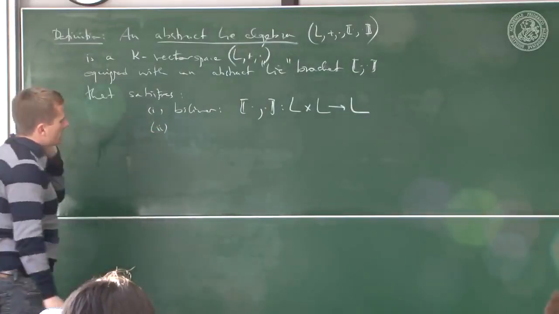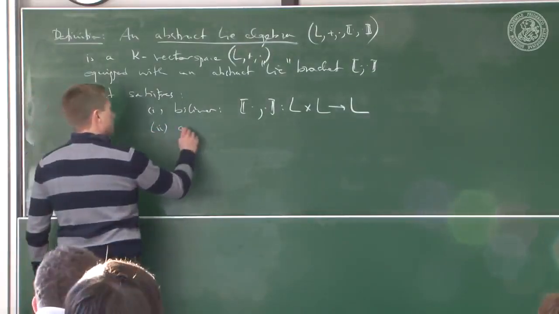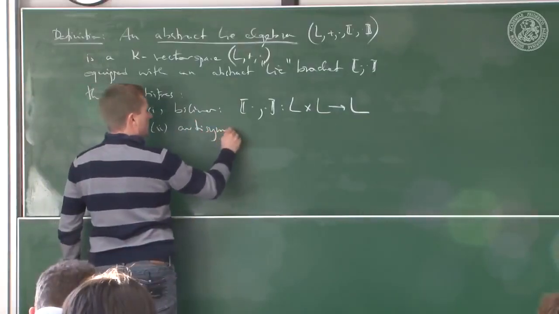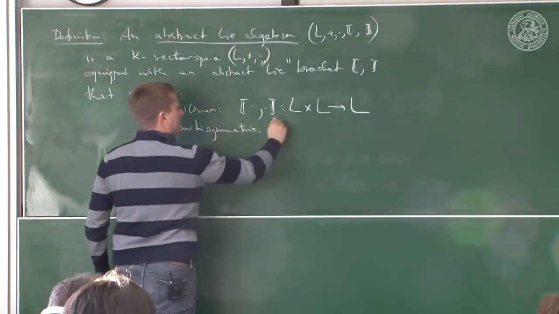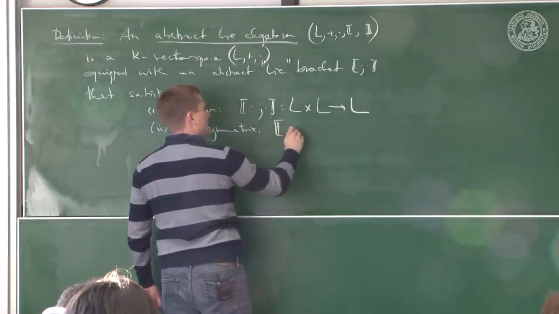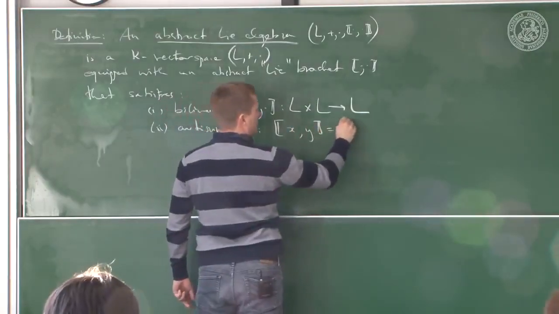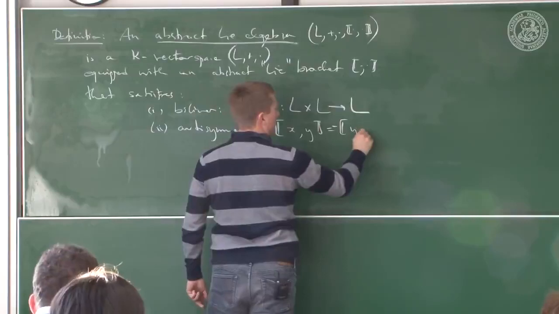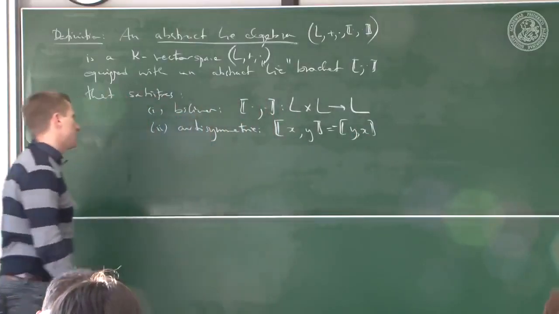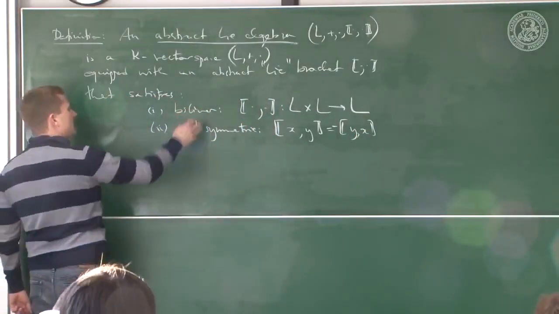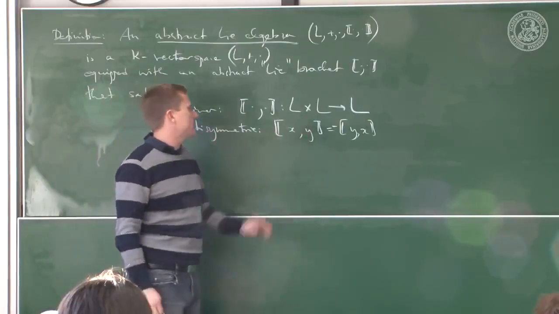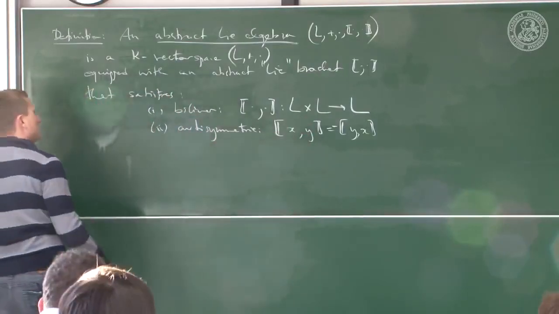And second, it's anti-symmetric. Anti-symmetric means that it takes an x and a y, and that's the same as minus y comma x, so it picks up a minus sign. Because of bilinearity, it would suffice to require that x with x is 0, but well.